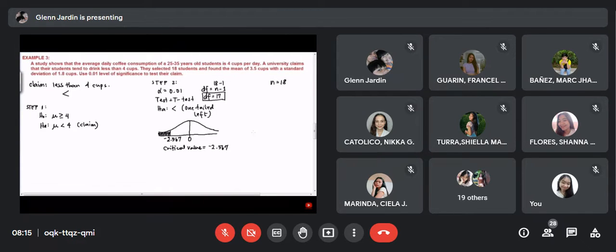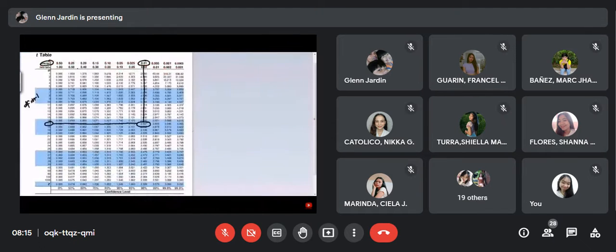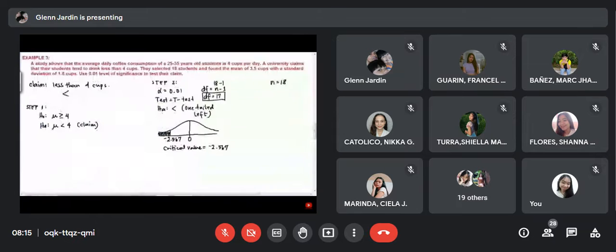Isa lang, negative lang, kasi one-tailed less lang to. Okay, so ulitin ko lang. One-tailed, 0.01. And then, locate nyo pababa hanggang dun sa df niya. In this case, ang df natin ay 17 kasi ang n natin ay 18 at ang ating df is n-1. So, 18 minus 1 is 17. Okay, so ang nakuha nating sagot is negative 2.567.